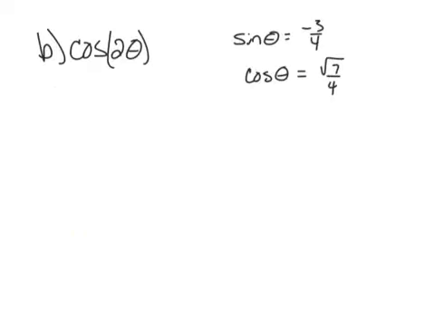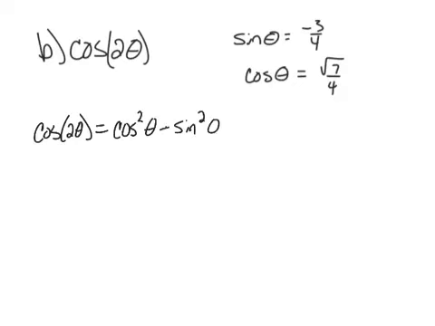So now let's evaluate the cosine of 2 theta in the same problem. So theta's in quadrant 4, and we already have the ratios for the sine and the cosine. If I use my identity for the cosine of 2 theta, you can use one of the three. We can use cosine squared of theta minus sine squared of theta.